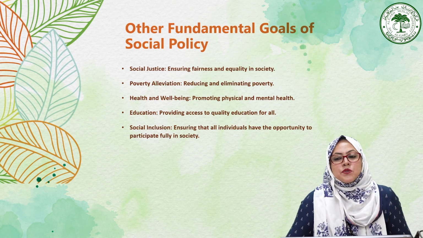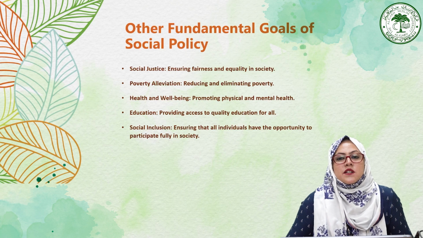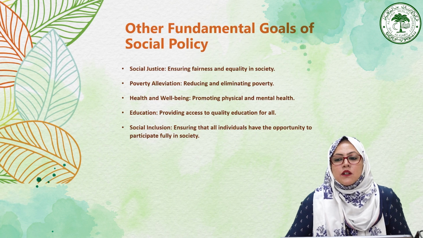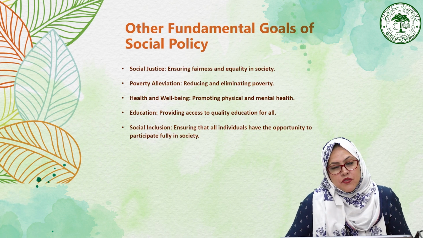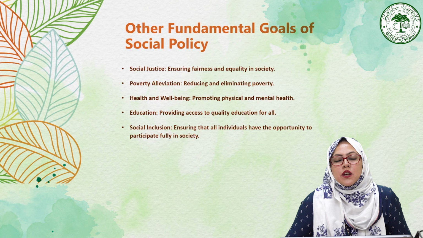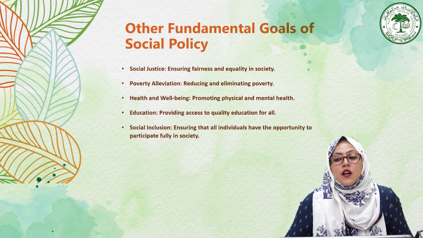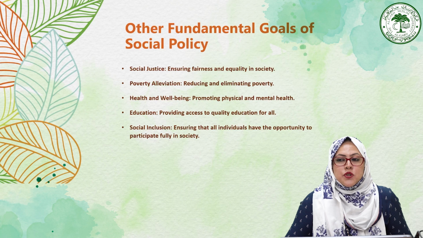Again, James Anderson also suggested that it is a purposive course of action followed by a set of actors dealing with a problem or a matter of concern, and David Easton defines policies as the output of the political system and public policy as the authoritative allocation of values for the whole society.